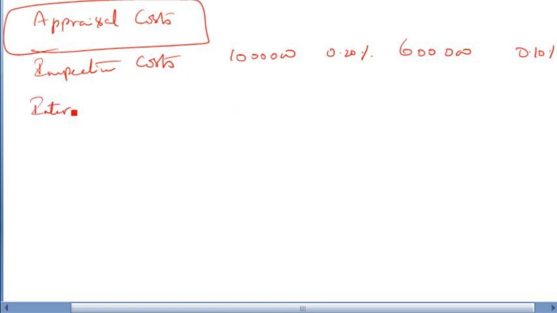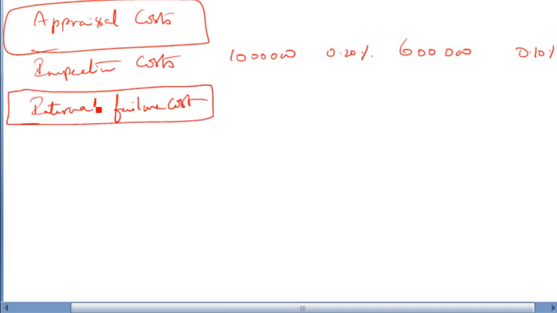Internal failure cost. So what about internal failure cost, which is nothing but rework, as I already told you. Earlier it was 31 lakh 56,250, which comes around 0.63% of sales. And now he said that it's going to be completely nil. So now it's not going to be there.